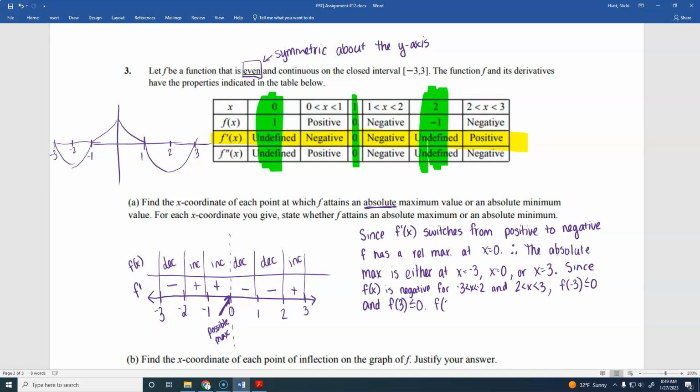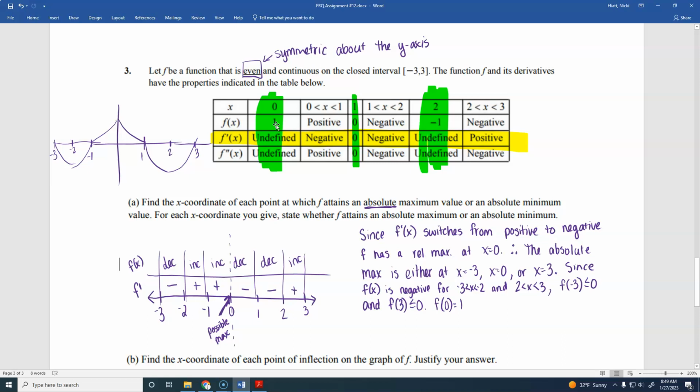What is f of 0? It is greater than 0. I'm going to go ahead and put the exact value. It's 1 right here. So f of 0 is 1.